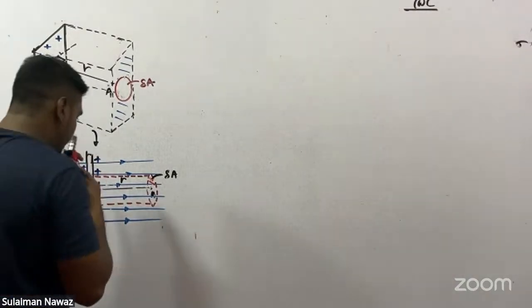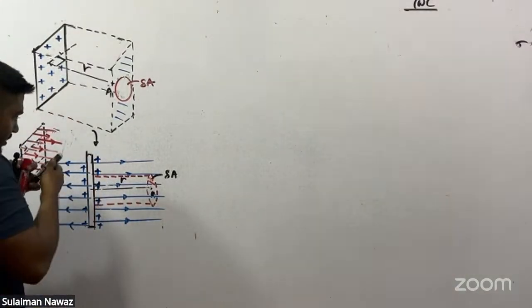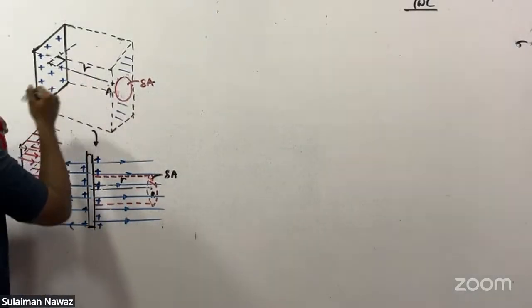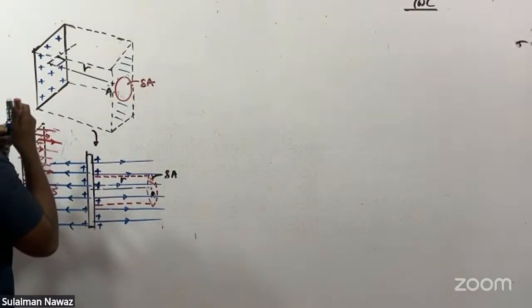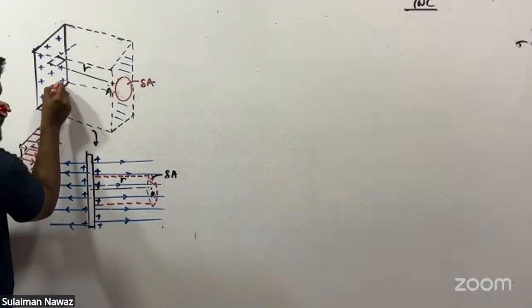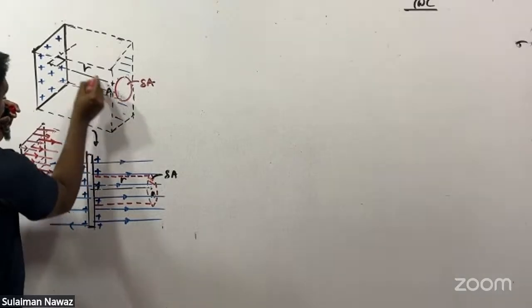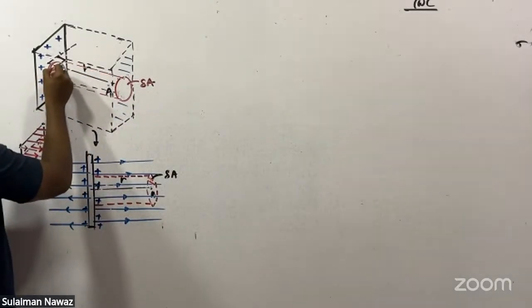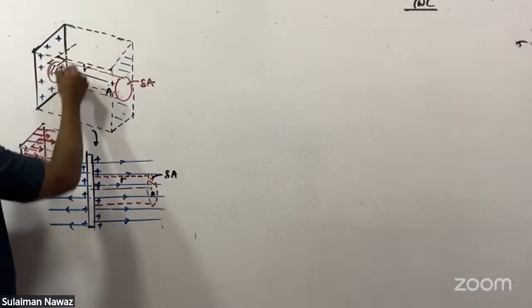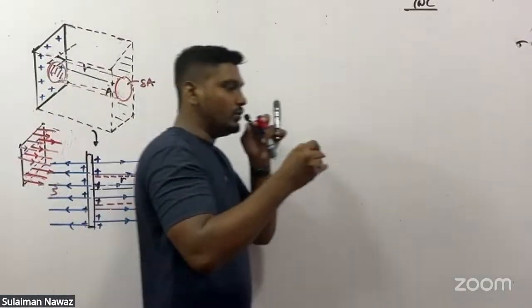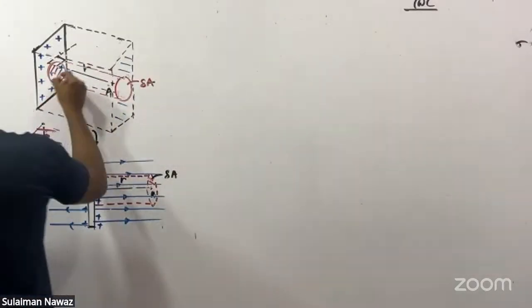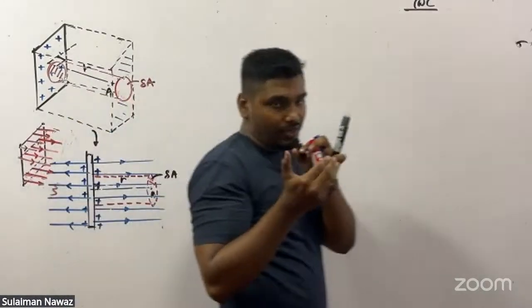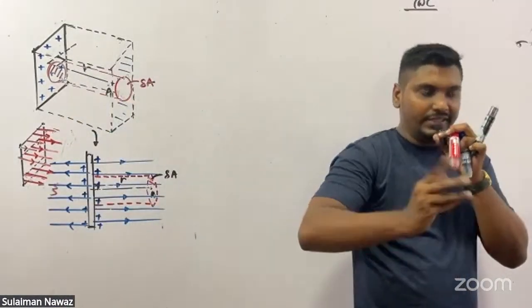Then the total charge: the charges belonging to this circular area delta A on the flat plate are going to contribute for the intensity.